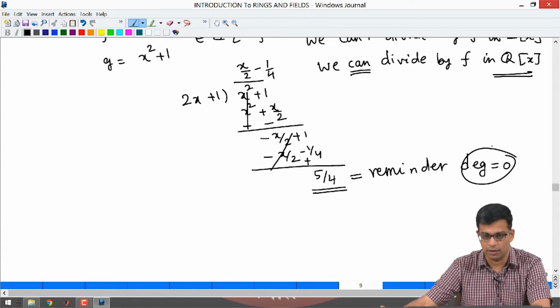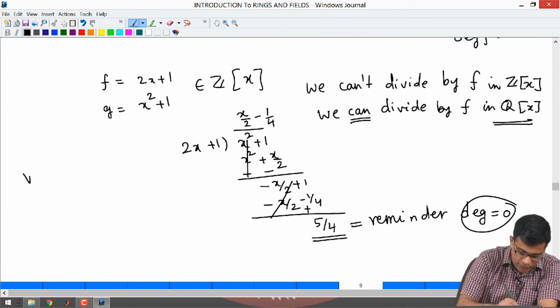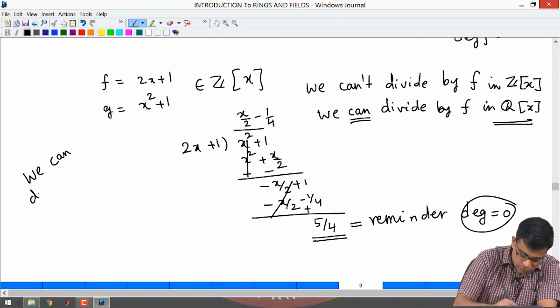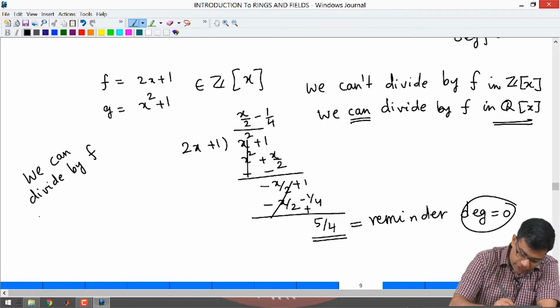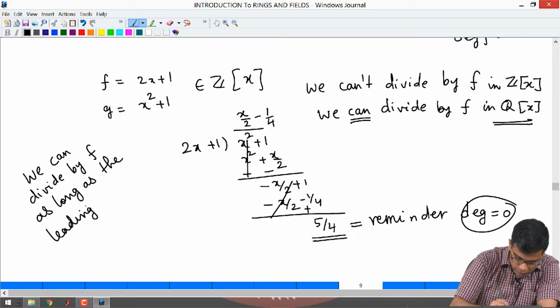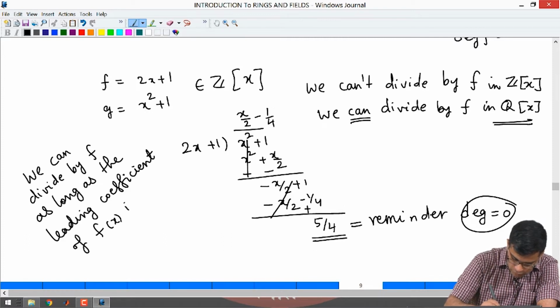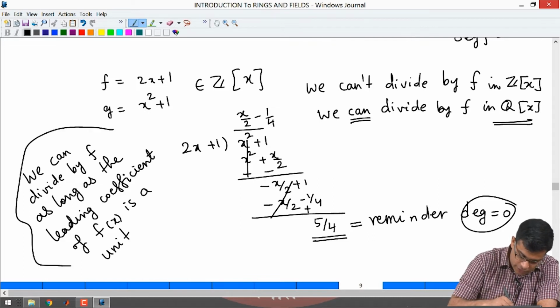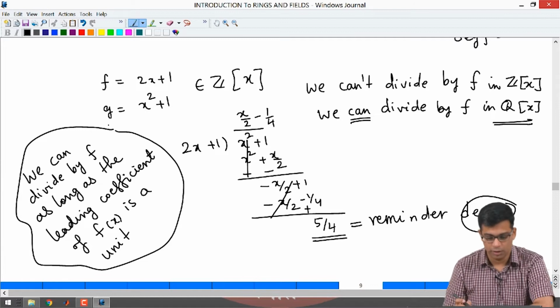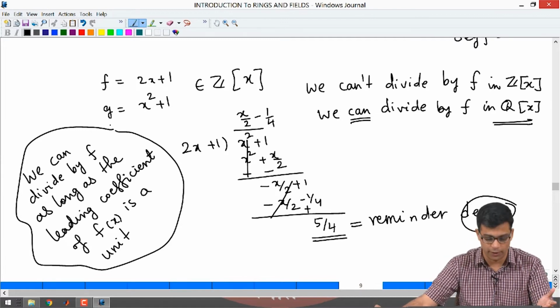So, in fact, the statement should be that we can divide by f as long as the leading coefficient of f is a unit. I described in the last video that the leading coefficient has to be 1, but really it is not necessary that it is 1.